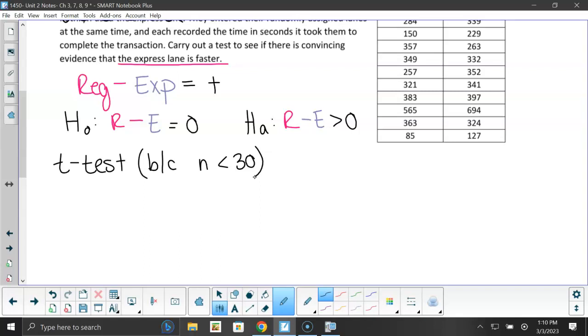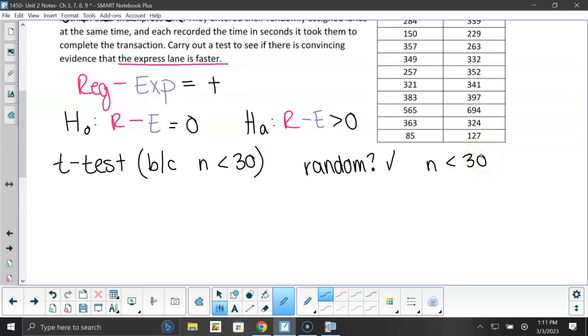Okay. Was my sample size big enough? Sad face. All right. N is definitely pretty tiny. So n is less than 30. So I would say proceed with caution.